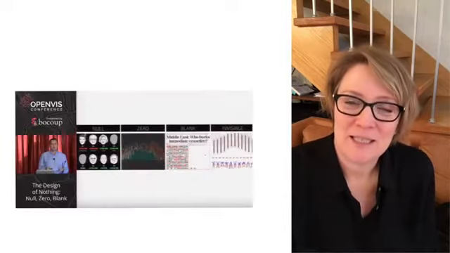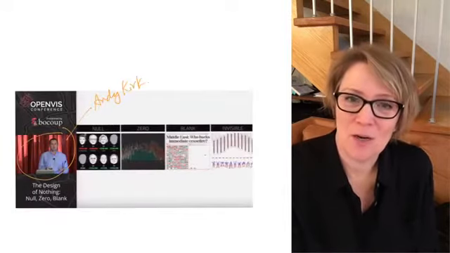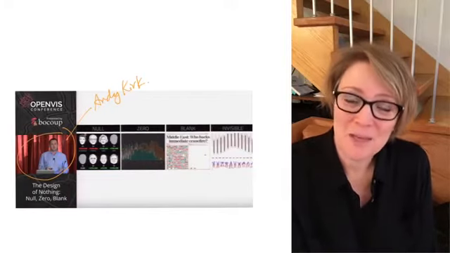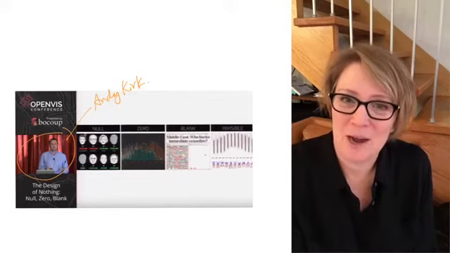There's an outstanding talk by Andy Kirk on the design of nothing. It's a good investment of time that can help you figure out how to deal with missing data from a visualization perspective. But it's important that you spend time and don't just plow ahead without considering what data is missing.